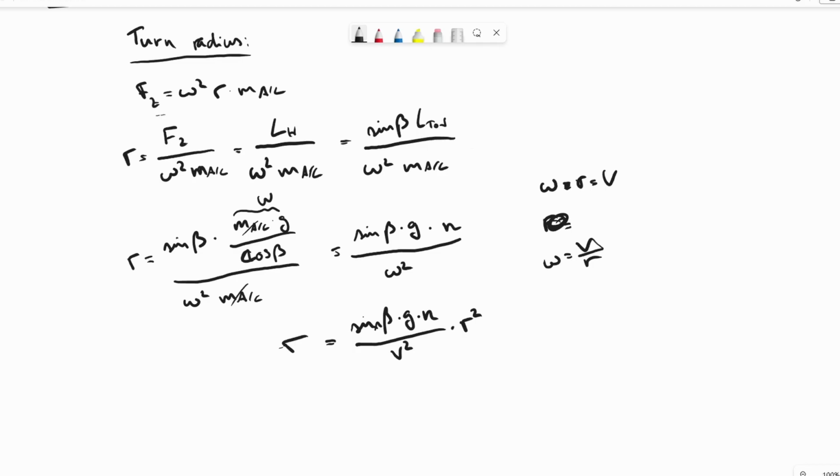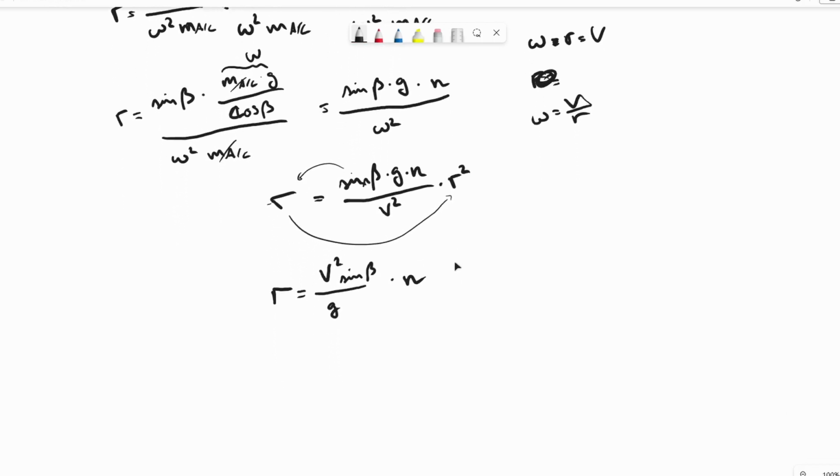Then we rearrange, we divide by r, and we put all of this on the other side. So we get r equals v squared divided by g times sine beta times n.